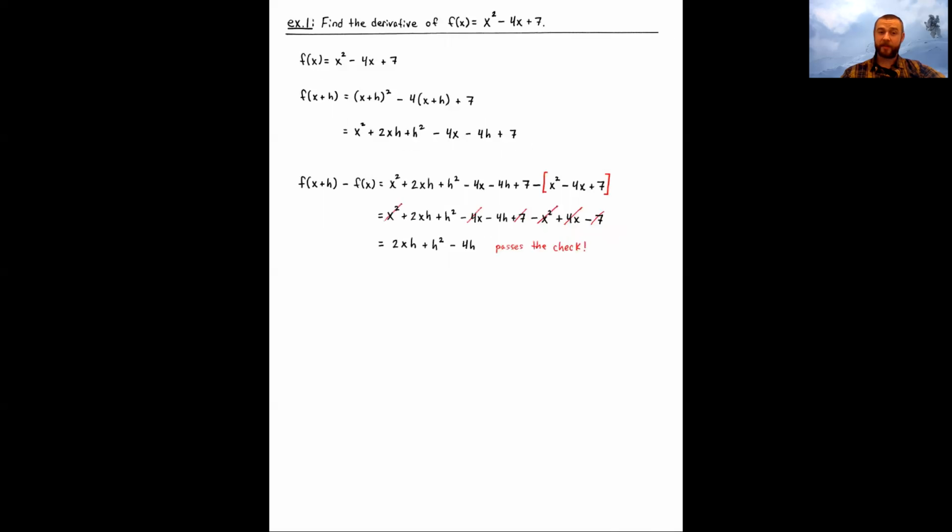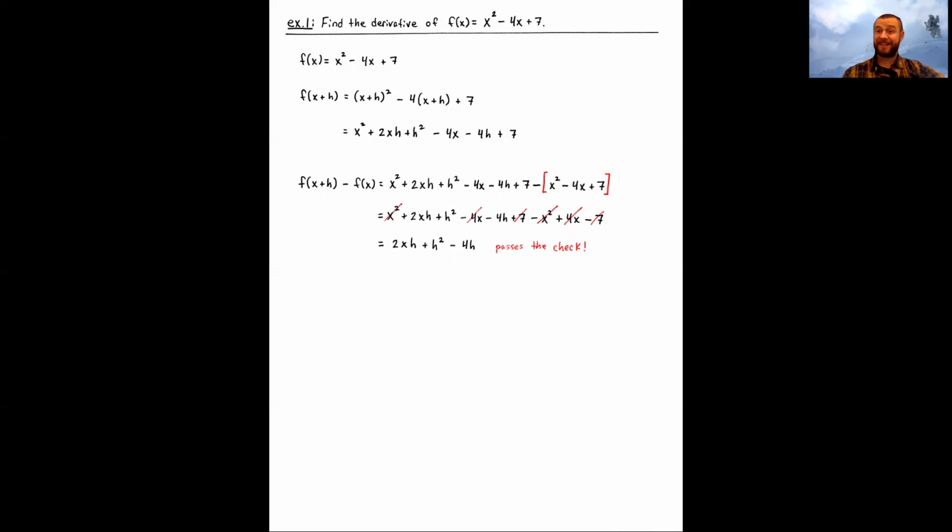Notice what you're left with: 2xh plus h squared minus 4h. And that does pass our consistency check. That's just a good thing to keep in mind since it's very easy to make a small algebraic mistake and not even notice it. So this passes the check, which is good.